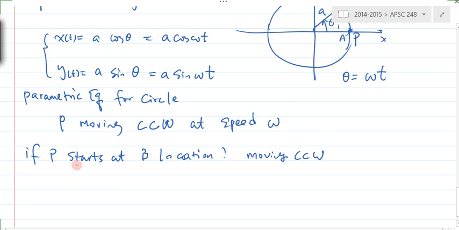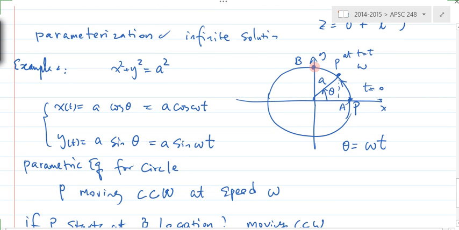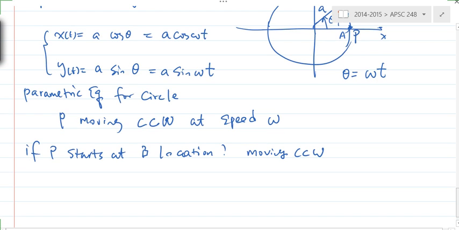And now the question here is the P actually starts at the B location. So essentially, at t equal to 0, the point P should be at the B location. What would be a simple modification to the parametric equation right here? Switch the cosine sign? That's not very intuitive though.